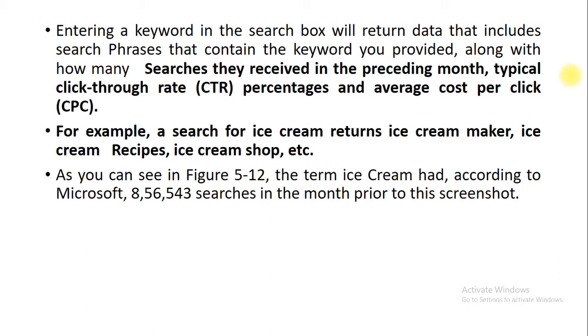Next, for example, a search for ice cream returns ice cream maker, ice cream recipe or ice cream shop, etc. As in the figure, you are having approximately 8 lakh plus searches performed on Microsoft in the month prior to this screenshot.